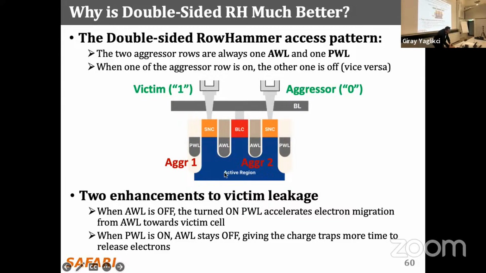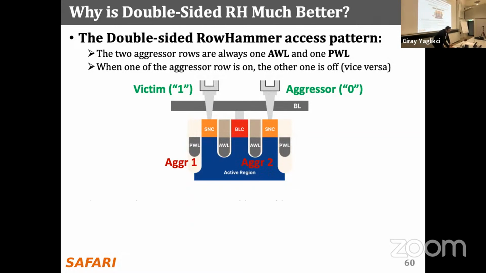Once you activate this, you attract electrons to this side, and they get stuck around the victim row. And this causes RowHammer. When you do this very frequently, the electrons go back and forth very frequently, and there is a higher chance that they can get stuck and exacerbate charge leakage. That's why double-sided RowHammer is better than single-sided RowHammer.